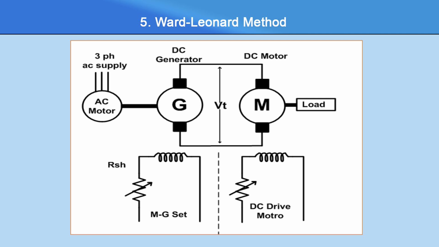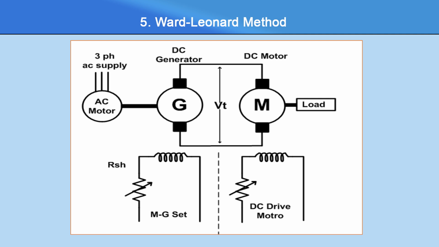M is the separately excited DC motor, where the current in the field winding can be varied, as shown here, with an externally variable resistance connected. The upper arrangement is such that with the help of the 3-phase AC supply, we operate a 3-phase motor.